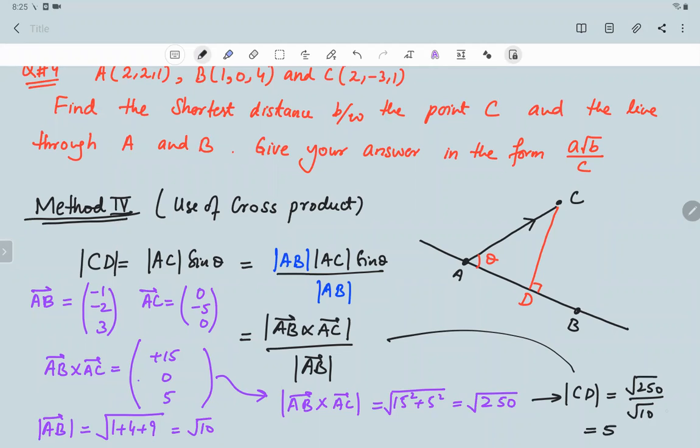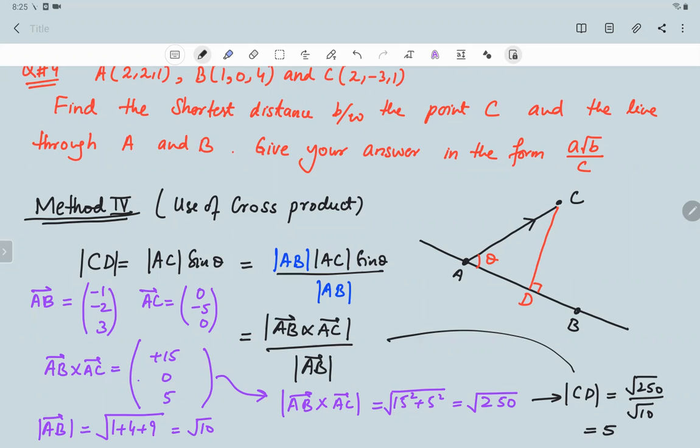I think we have done something wrong. CD is equal to AC sine theta, and I introduced AB with it, and then AB multiplied with the magnitude of the AC cross product.